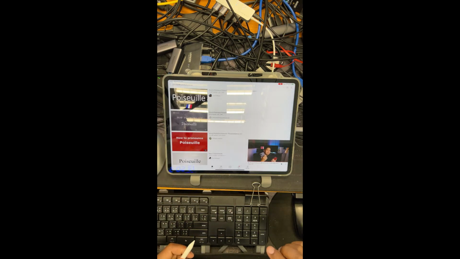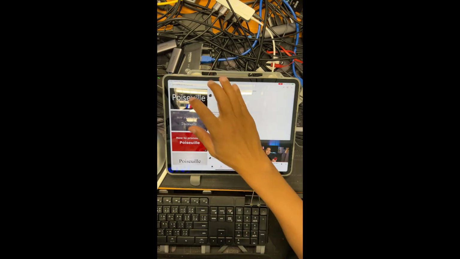Okay, now let's hear the correct way to pronounce these words. It's a French name.